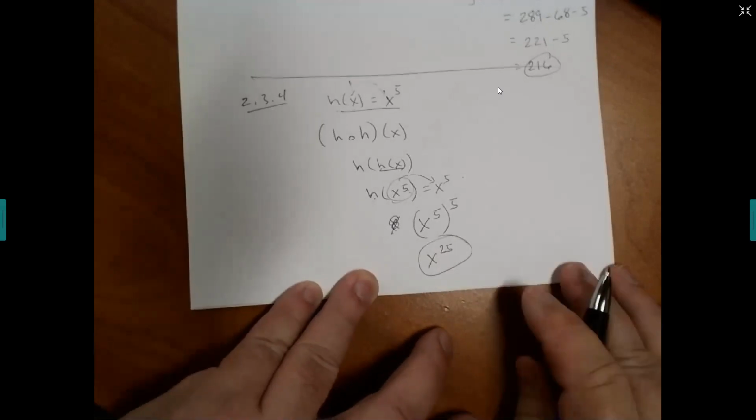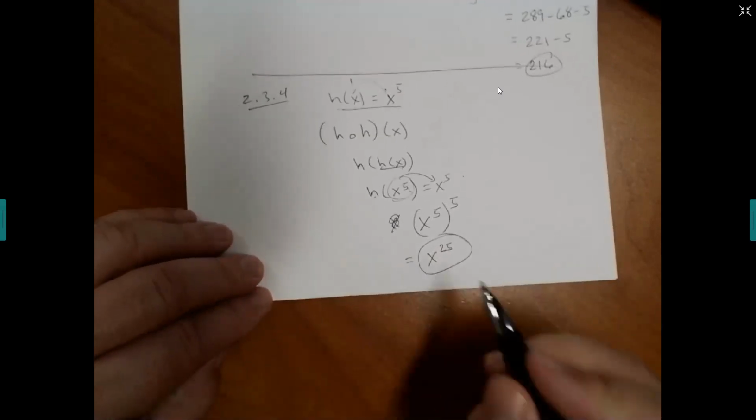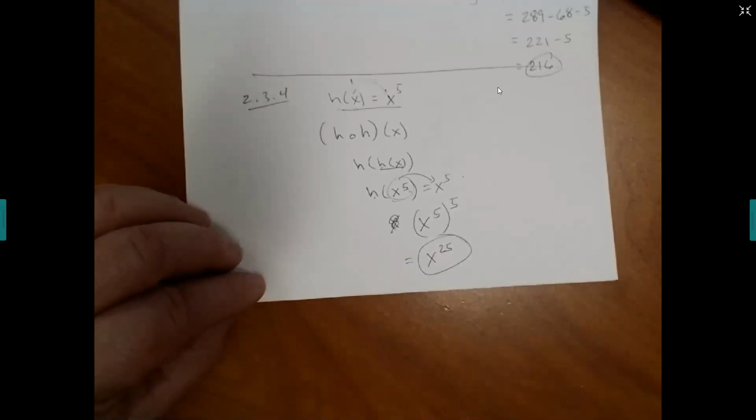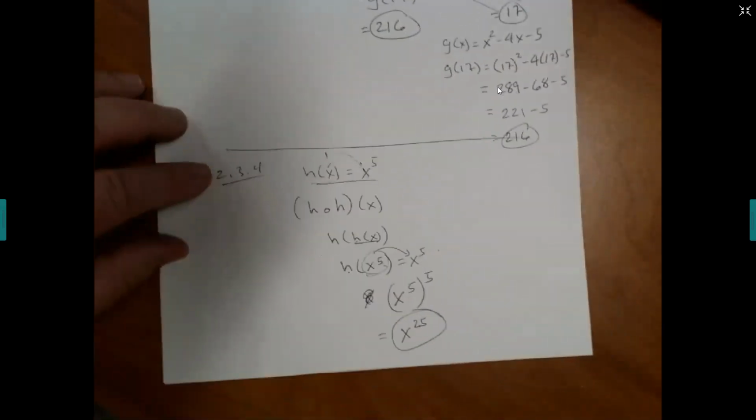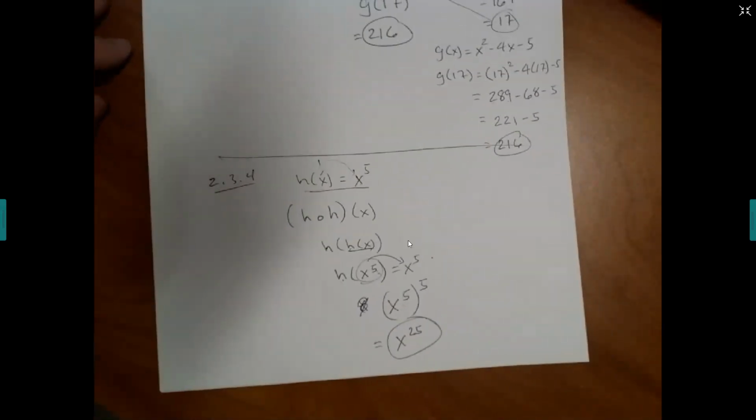So the answer is x to the 25th. Again, I don't know why they gave you a property that we haven't discussed yet. So whenever you have a composite function of itself, you take whatever that is and put it back inside itself.